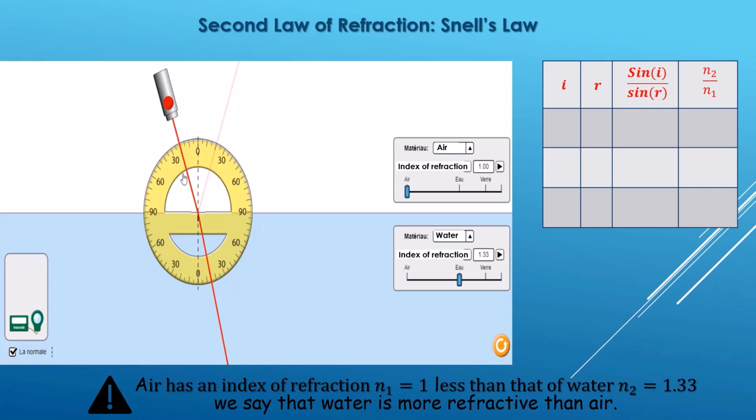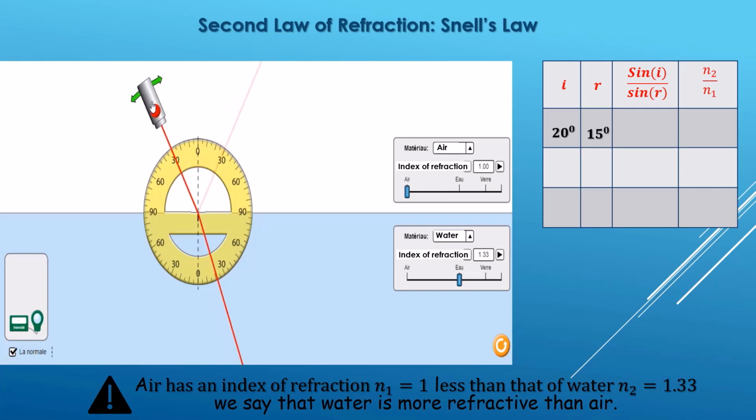So, first of all, this is our angle of incidence. In this case, it has a value of 20 degrees between the incident ray and the normal line. As you can see, the angle between the refracted ray and the normal in this case is equal to 15 degrees. So this is our first measurement. Now we will shift a little bit.